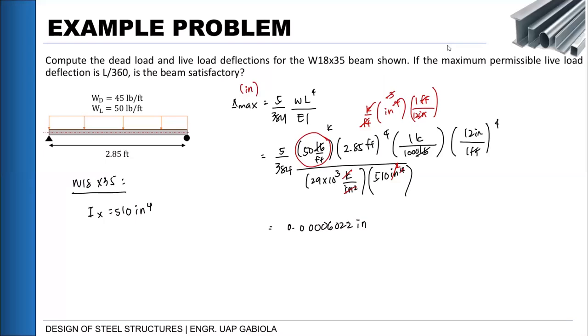Pound per feet. Okay, I guess correct naman. So 50. Masyadong maliit lang siguro talaga yung loading, no? So let's include, hindi, kahit lagyan naman natin yung self-weight ng beam, hindi naman siya mako-compare dun sa live load deflection limit natin.